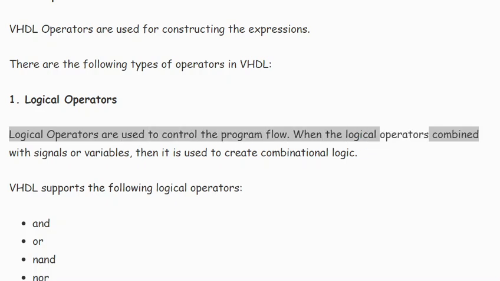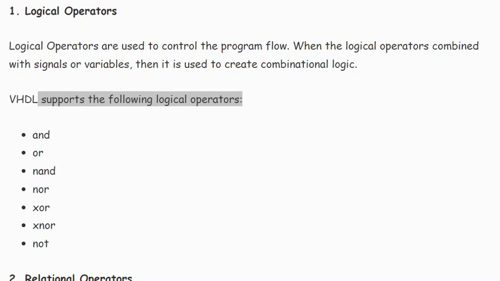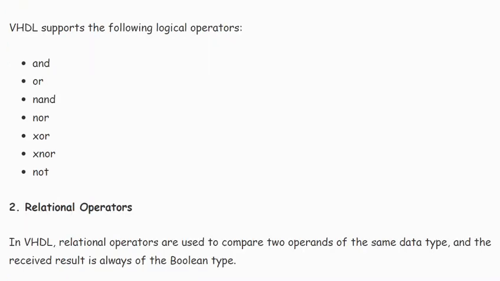When the logical operators are combined with signals or variables, they are used to create combinational logic. VHDL supports the following logical operators: AND, OR, NAND, NOR, XOR, XNOR, NOT.